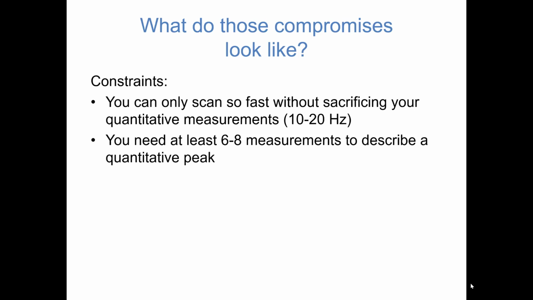Here, we're much more constrained by the number of scans we can do, and we really do need at least 6 to 8 measurements to describe a peak to be quantitative. And so although we're limited at scanning so fast, we still need to scan that same region at least 6 to 8 times across that 25-second or 30-second peak.